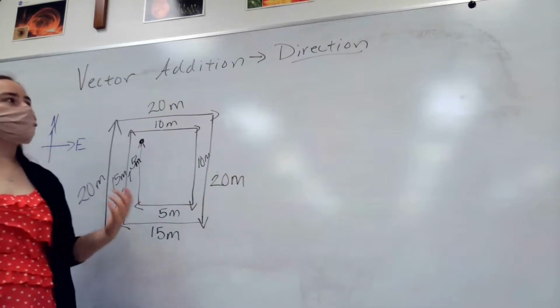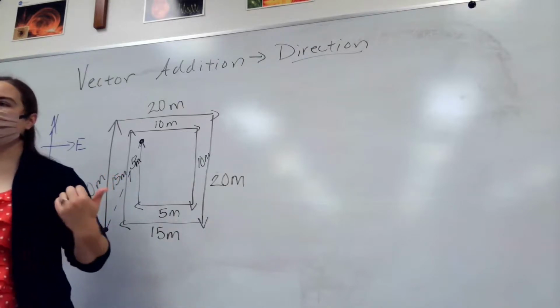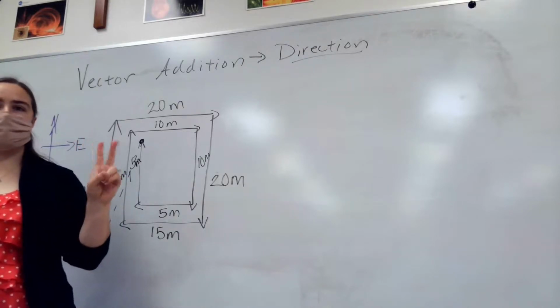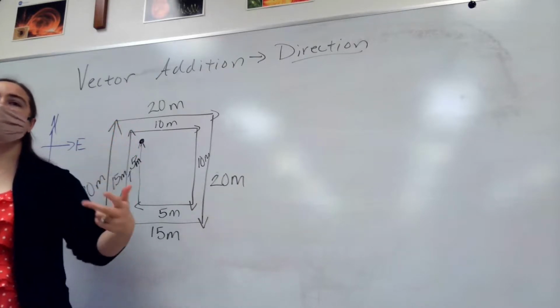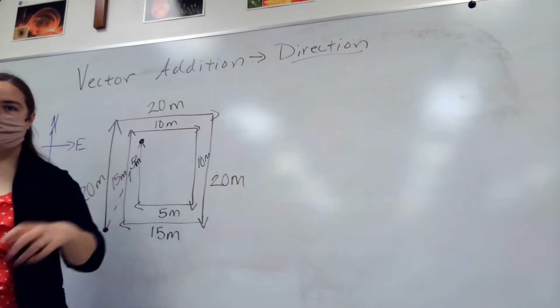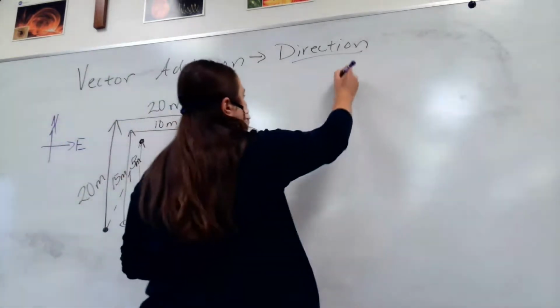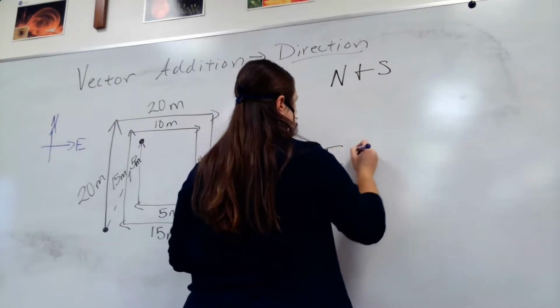So what we're going to do, especially on a problem like this where you have a lot of vectors, I highly recommend making a list of, or two different lists, or two different sums, I guess, so that you can go back and make sure that you haven't forgotten it. Make sense? Okay. So here's our north and south sum. And here's our east and west.